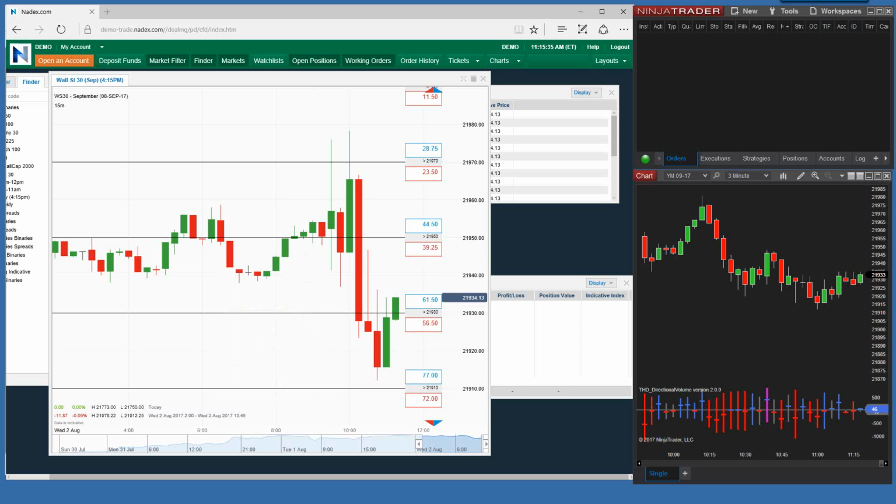Now, the other thing is that if you have read any of the information on the indicative index, the price index, this is a continuous calculation, okay? And it's based on what's used at expiration.